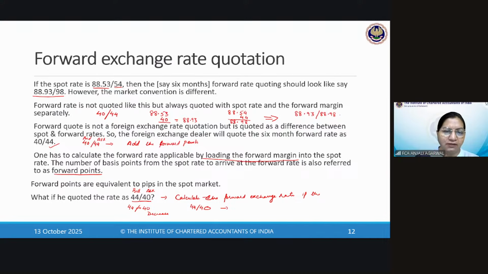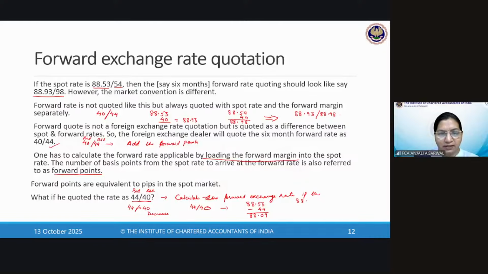But if you see bid is 44 and ask is 40, in that case, you have to see that the dollar is at a discount. The dollar price is decreasing. So now your new answer would not be 88.93 and 98. It would be 88.53 minus 44. It will become 88.09.